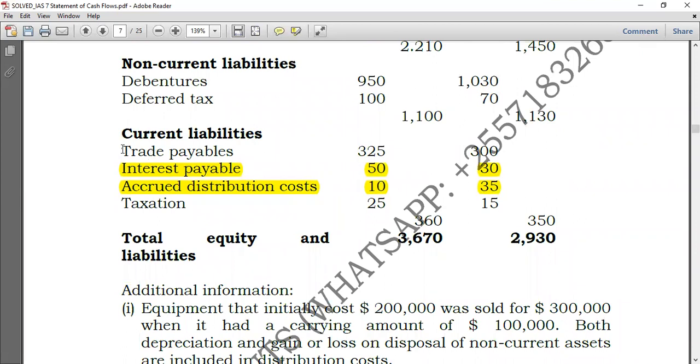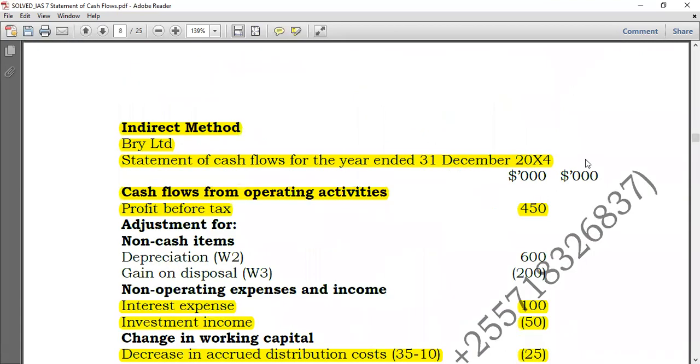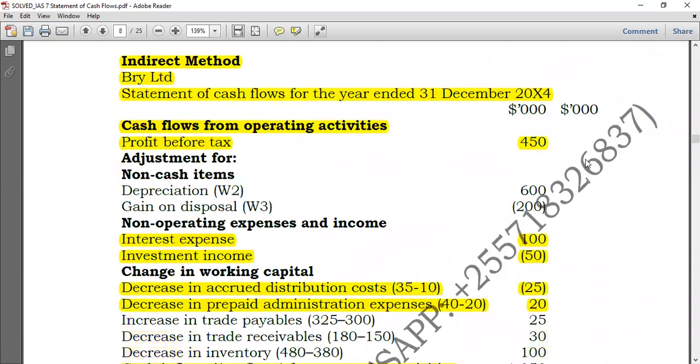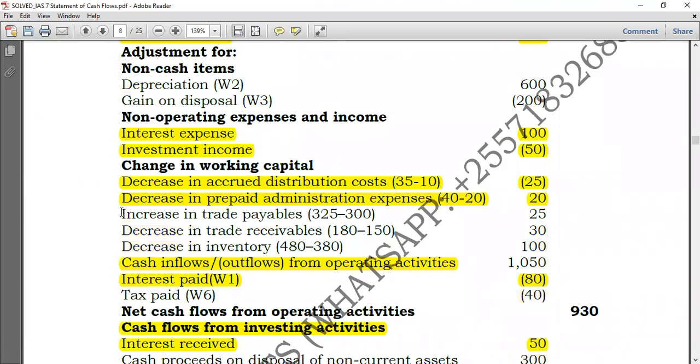So here I am, trade payables on the current liabilities figure. You move from 300 to 325. So there has been an increase in trade payables, an increase of 25. As I told you, whenever a liability increases, just put a cash inflow.